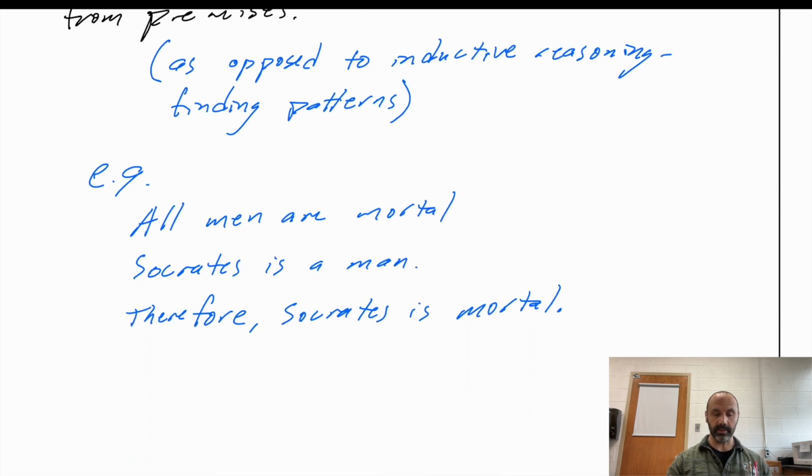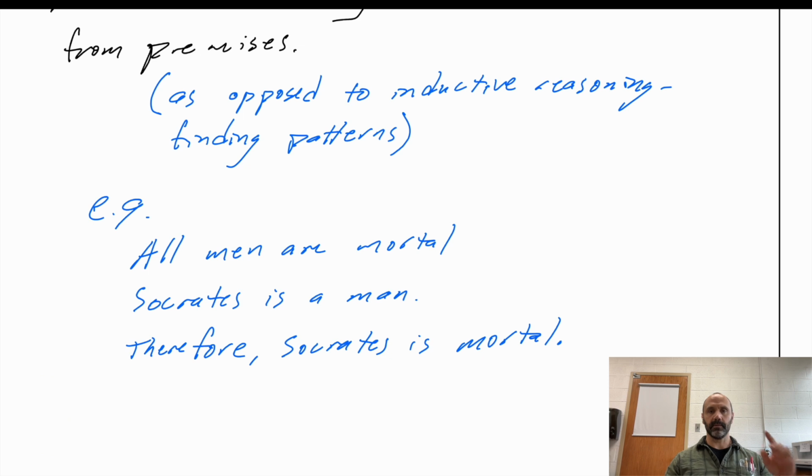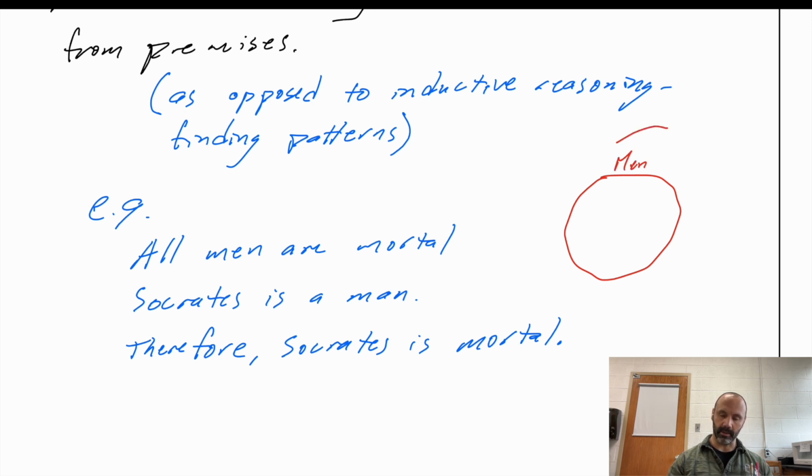So here's the classic example. Premise one: all men are mortal. Premise two: Socrates is a man. Therefore, Socrates is mortal. Oftentimes we can take these and make Venn diagrams out of them. If we imagine this Venn diagram, this is all men, and all men are mortal.